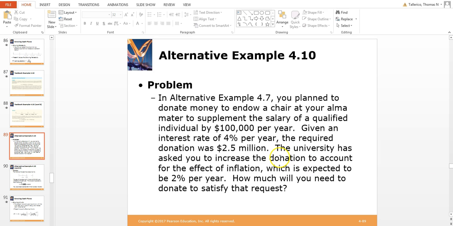All right, so here's another similar problem. Again, they start out at 4%, and then they have a growth rate of 2%, and basically it's $100,000 a year that you're going to supplement someone's pay. So the required donation has to be $2.5 million.